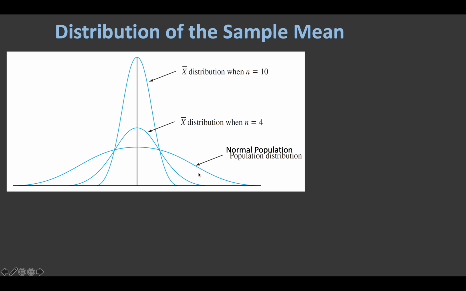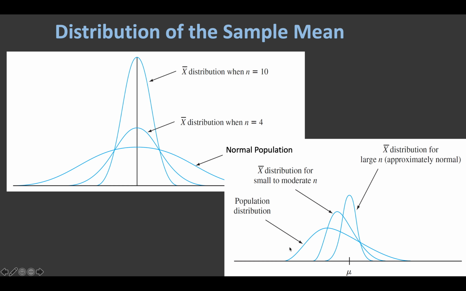Here we show different scenarios. For a population distribution that is something like this, if we choose n equals 4, this is what it looks like. We choose n equals 10, this is what it looks like right here.